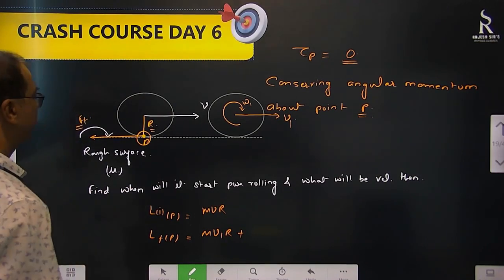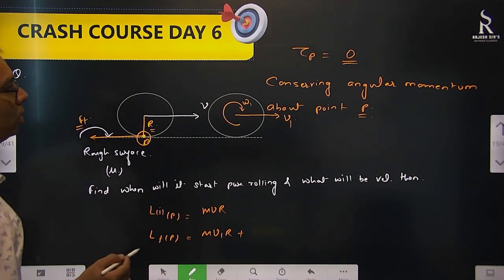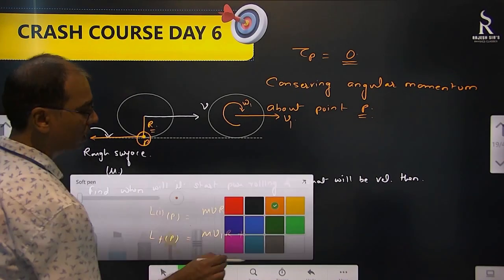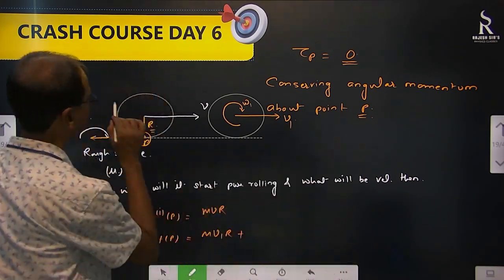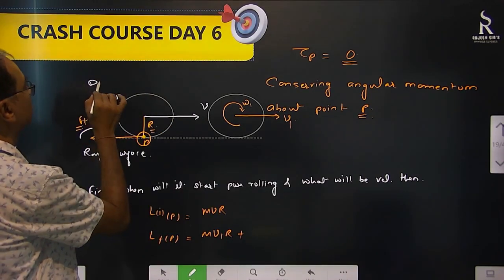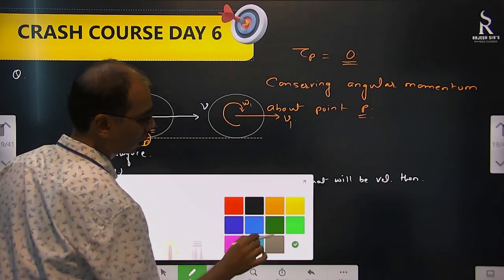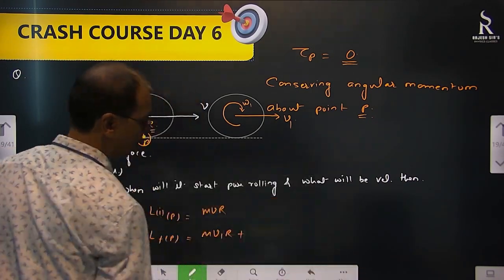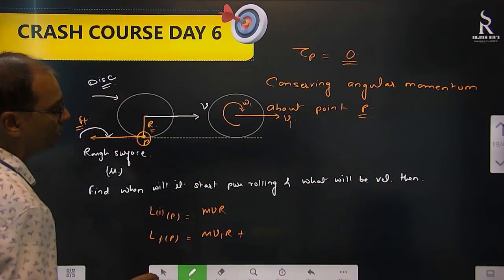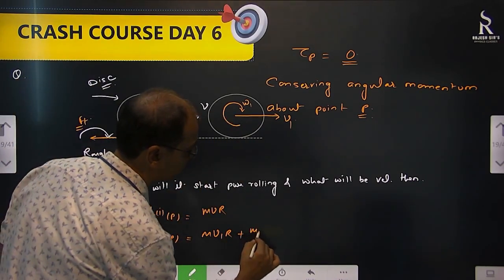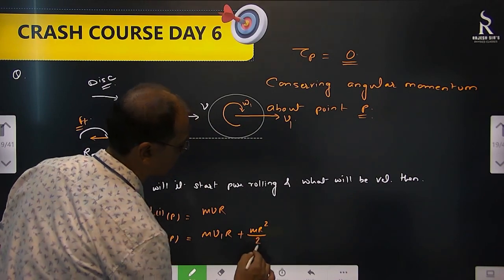Now, I have not written whether this is a ring or what it was, so let's take it as a disk. If it's a disk, then its moment of inertia about the center is mr square by 2, into omega.